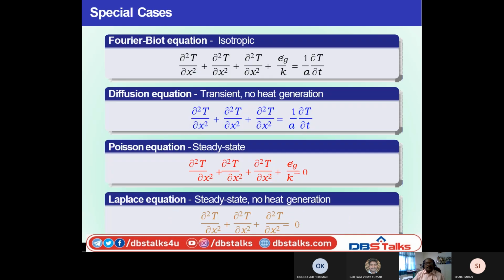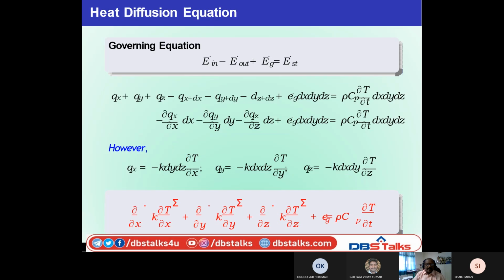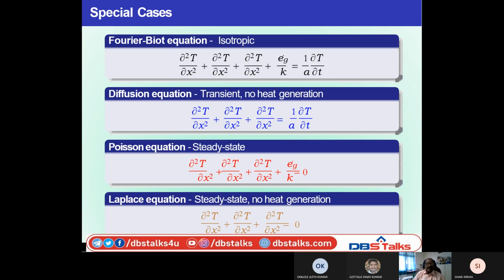If you simplify this further, here if Kx equals Ky equals Kz, we'll get a simplified form: dou square T by dou x square plus dou square T by dou y square plus dou square T by dou z square plus Eg by k equals 1 by alpha into dou T by dou t.